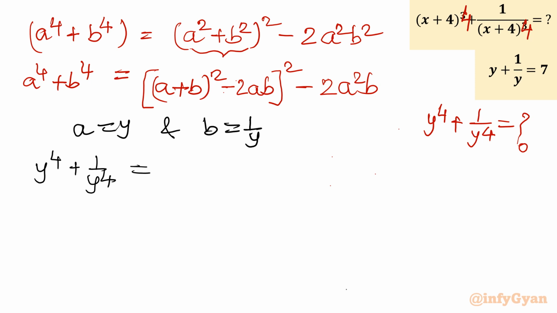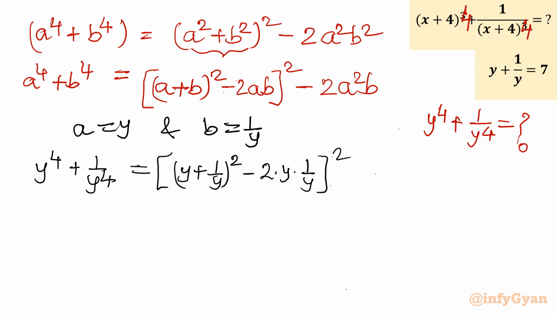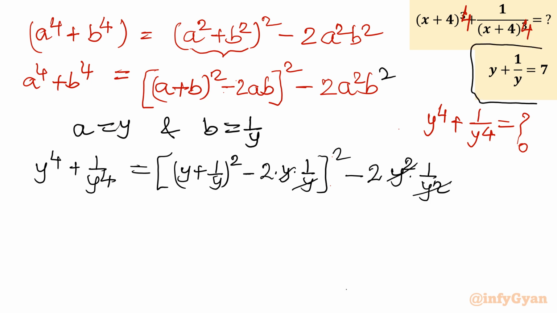So it will become y power 4 plus 1 over y power 4, which would be equal to (y plus 1 over y) whole square minus 2 times (y into 1 over y) whole square. This is whole square minus 2 y square into 1 by y square. Now you can see this is only 2, this is only 2. This y plus 1 over y equal to 7 you will put everywhere.